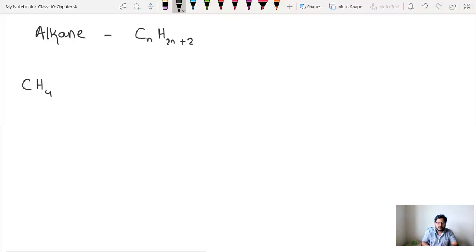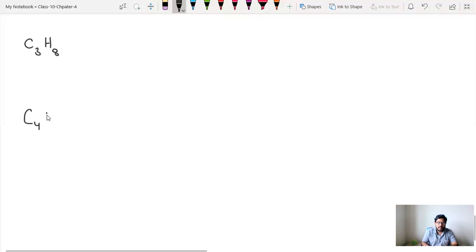If you substitute 2, it will become C2H, 2 twos 4 plus 2, 6. 3: C3H, 3 twos 6 plus 2, 8. If you substitute 4, C4H, 4 twos 8 plus 2, 10. Like that. C5H12. Right. And last, C6H14.